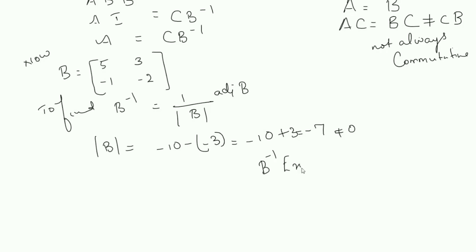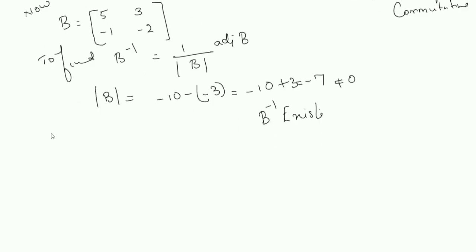Now we have to find the adjoint of the matrix B. How do you find the adjoint? Just interchange the diagonal elements and change the sign of the other diagonal elements. So it will become [minus 2, minus 3; 1, 5].